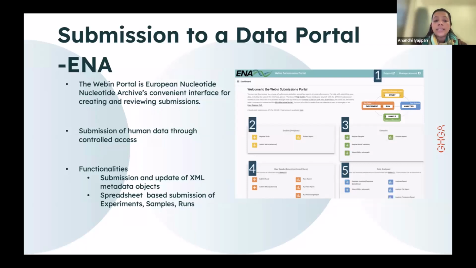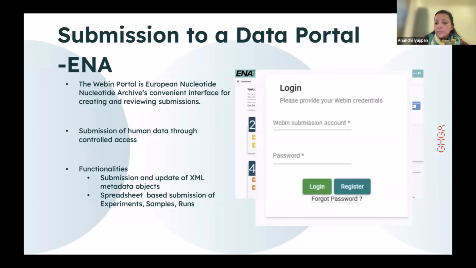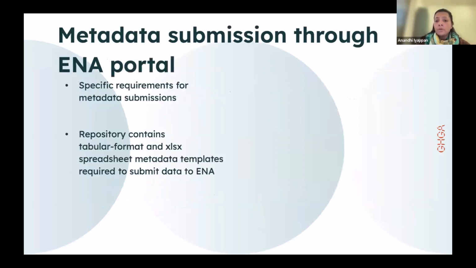And also the functionality of ENA is to ensure that you can submit your data in the form of an XML file or also in the form of a spreadsheet. And it is quite an interactive platform for users to submit their data. So as I mentioned, they have a proper login where you can register and log into their data portal.